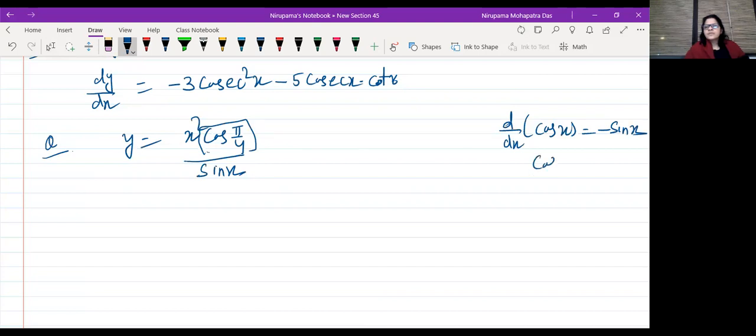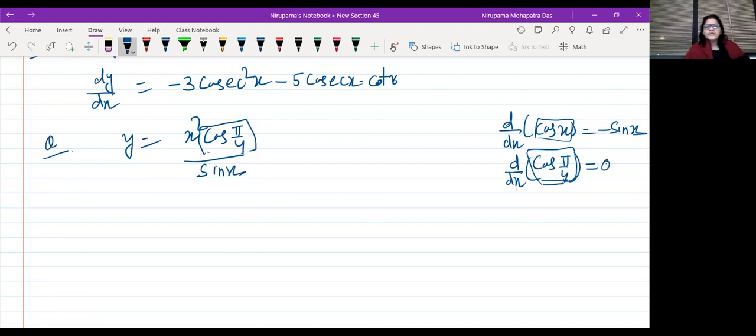But whenever you take cos pi by 4, d by dx of this, you should not write minus cos pi by 4 because cos pi by 4 is a constant. Here cos x is a function of x. Here cos pi by 4 is a constant, that is 1 by root 2, you know. So you don't have to write even 1 by root 2. You can take directly d by dx of cos pi by 4 is 0.